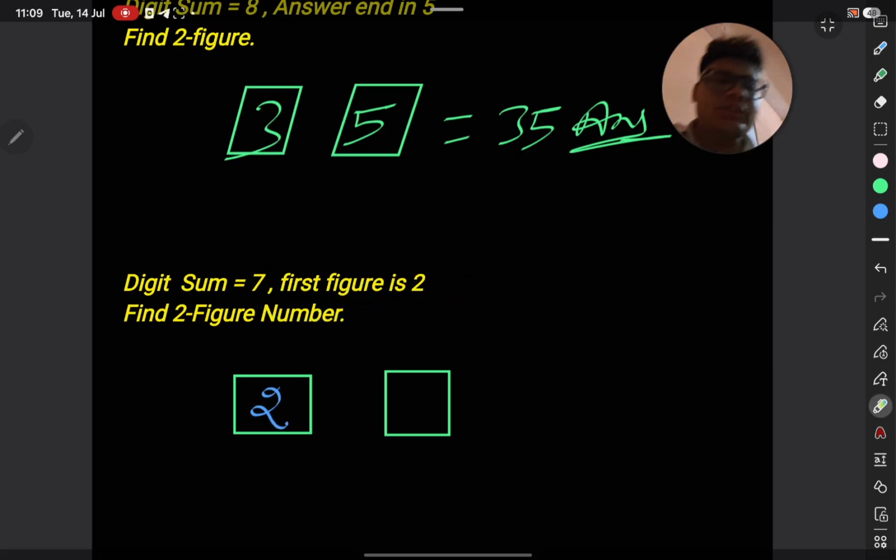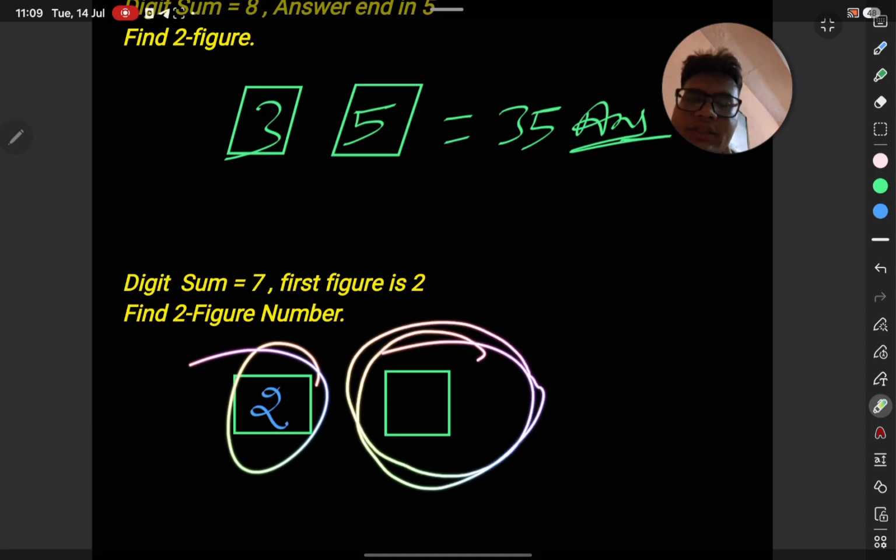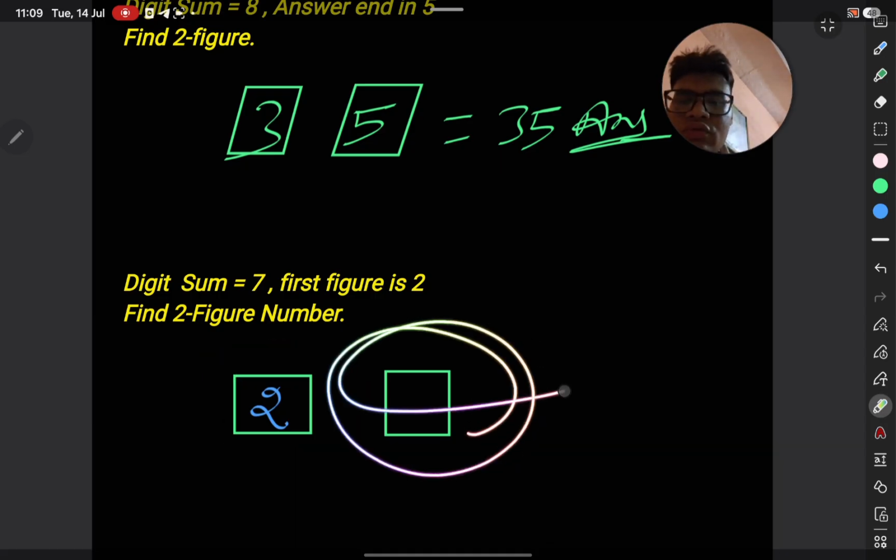And you have to notice that the digit sum given here is 7.